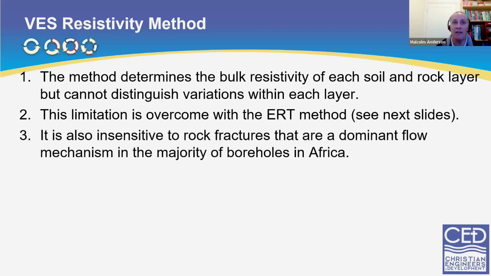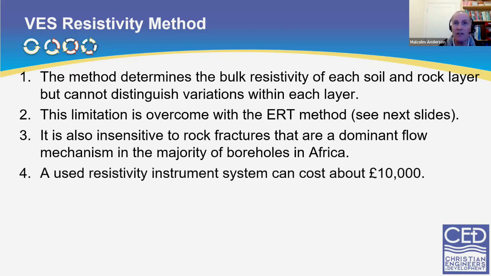Now, the VES method, which is just the layers, because it's a bulk method, it's insensitive to the rock fractures that are a dominant flow mechanism in the majority of boreholes in Africa. However, the ERT method partially determines those rock fractures, because it provides a much greater resolution of the resistivity within each layer.